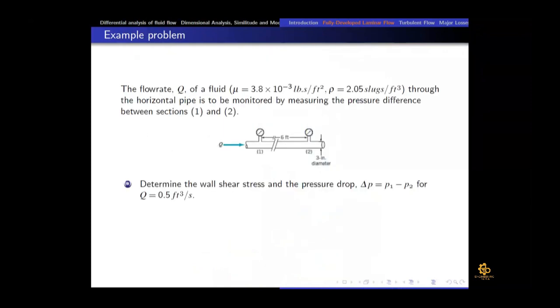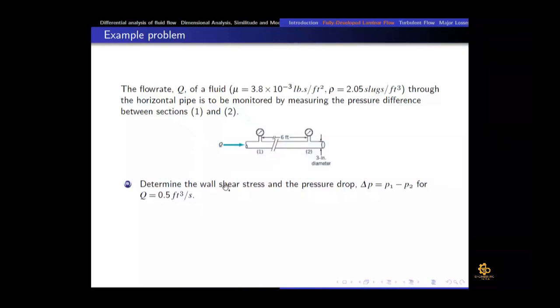Now we can do a very small numerical problem to demonstrate how different things are calculated for a steady laminar pipe flow. The volume flow rate of a fluid whose viscosity and specific weight are given in a horizontal pipe is to be monitored by measuring the pressure difference between point 1 and point 2. Point 1 and point 2 are here.